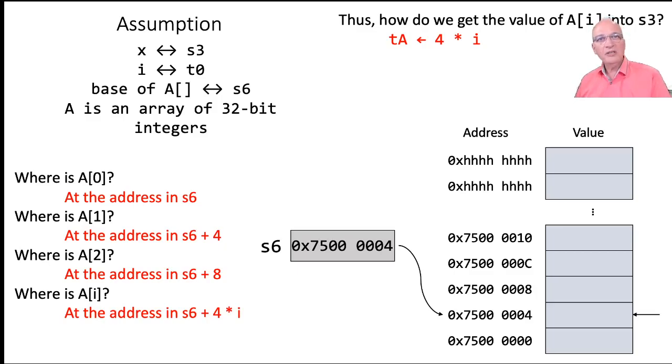It's just a convenience of developing code this way, starting with this intermediate representation. Next, I will take the value that I obtained by multiplying I by 4 and add to the base of the array, which is in S6, and I will produce the value in a new temporary. And finally, I will go to the memory position, whose address is given by this temporary TB, and obtain the value and put the result into S3. This is what the C statement is doing.